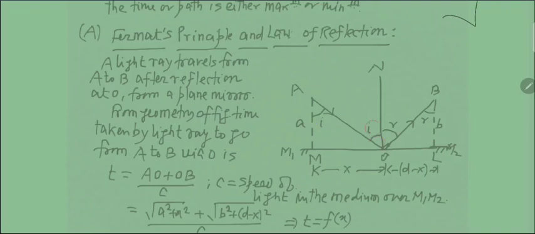So as this will be the angle of incidence, this will also be equal to I only, because AO is the transversal and AM and ON are parallel lines. Okay, so this I and this I will be equal.